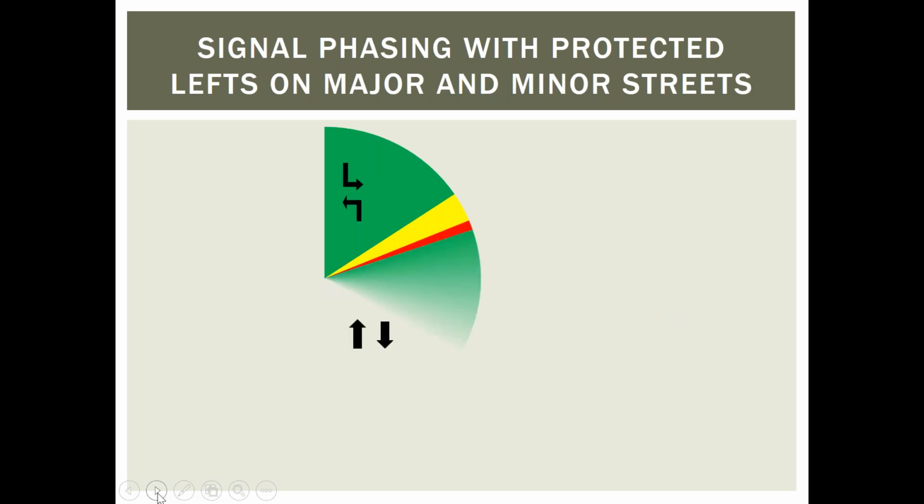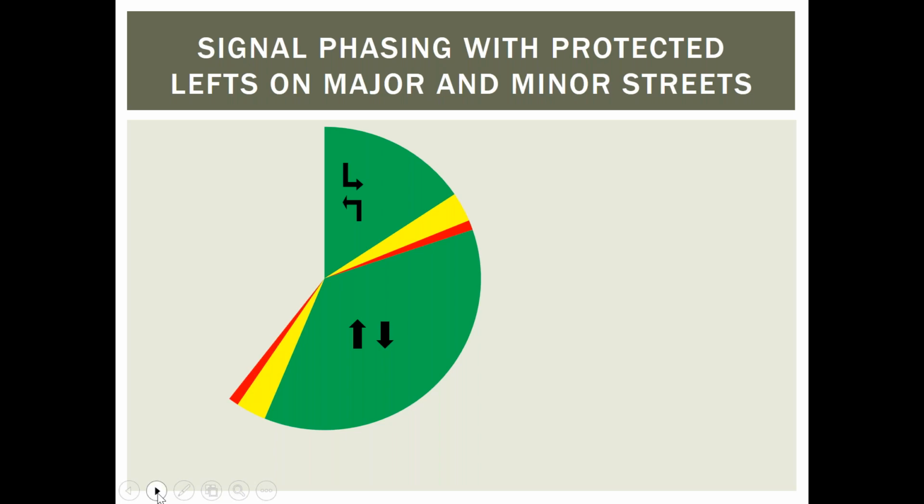And then every time we introduce that protected left turn phase, we also have to introduce a yellow clearance interval, maybe an all red, a second or more of all red. Then the major street through movement, we give them green time, yellow clearance interval or change interval, all red clearance interval, protected lefts on the minor, because maybe the minor is not so minor.